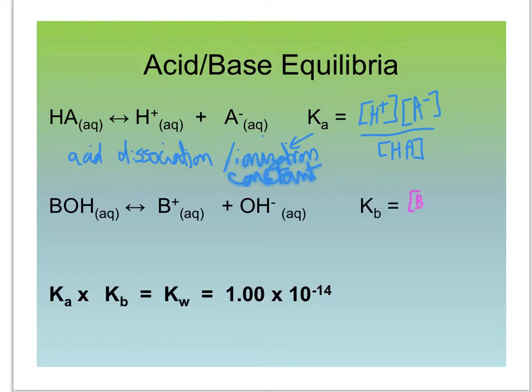So the concentration of B plus times the concentration of OH minus over the concentration of BOH. Because this is a special process, we give it a special name: Kb. The B stands for base, and so this is the base dissociation constant, or the base ionization constant.